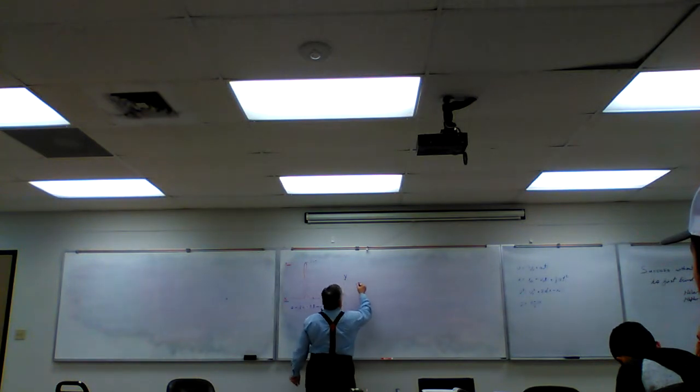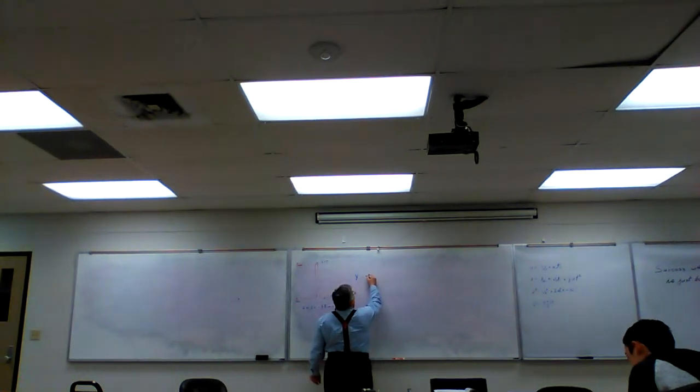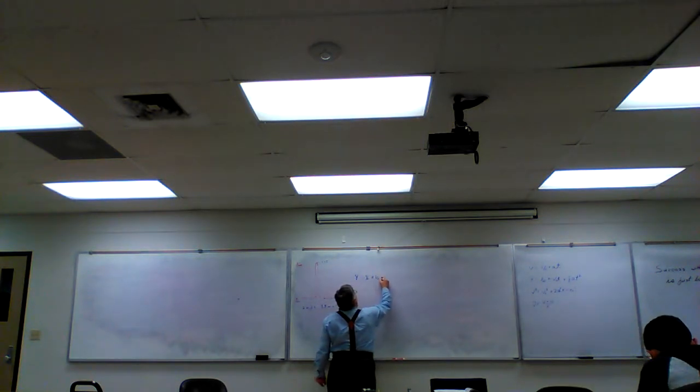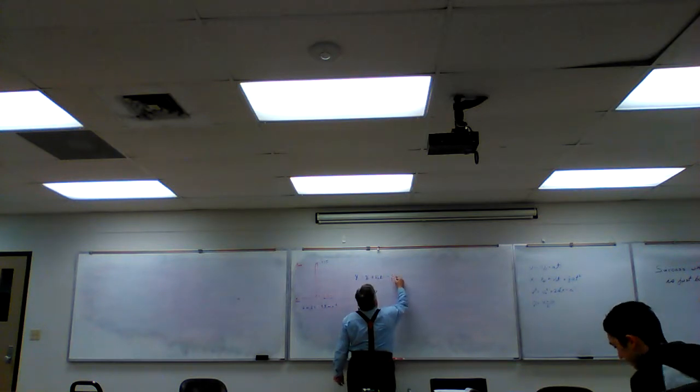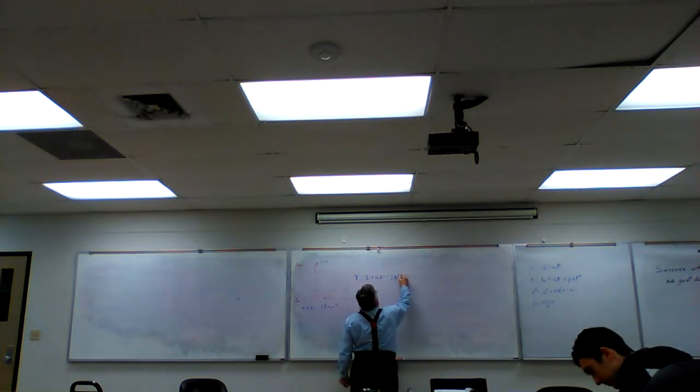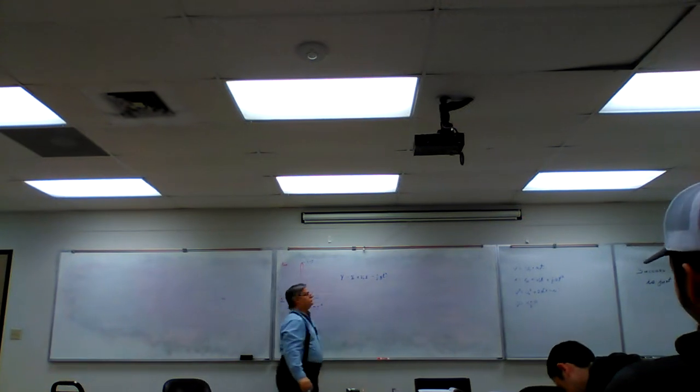We have y is equal to y sub naught plus v sub naught times t minus 1/2 g t squared.